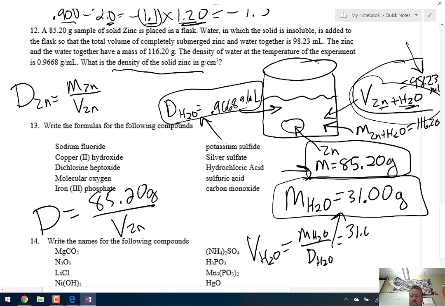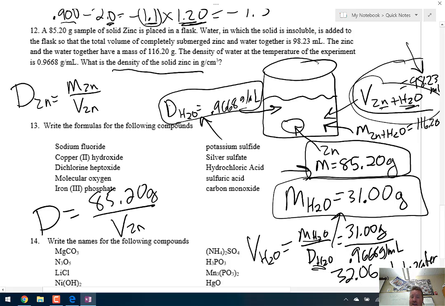So 31.00 grams over 0.9668 grams per milliliter should give me the volume of water. So 31.00 divided by 0.9668. And again, I'm trying to carry through my significant figures here. I get an answer of 32.06 milliliters, and both of these have 4 significant figures. And again, that is of just water. I use the mass of water and density of water. That gives me the volume of water.